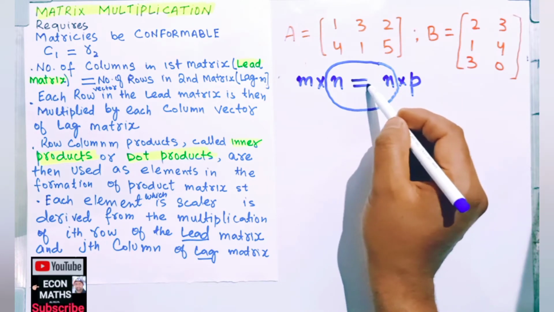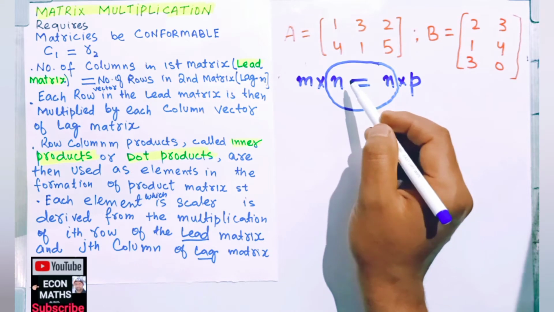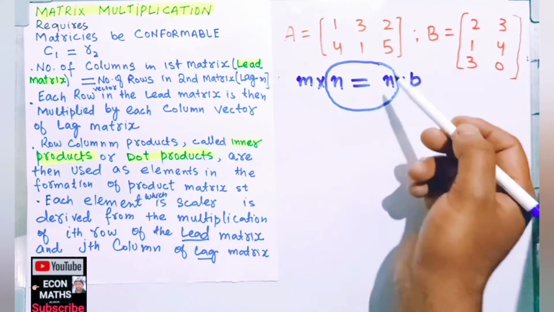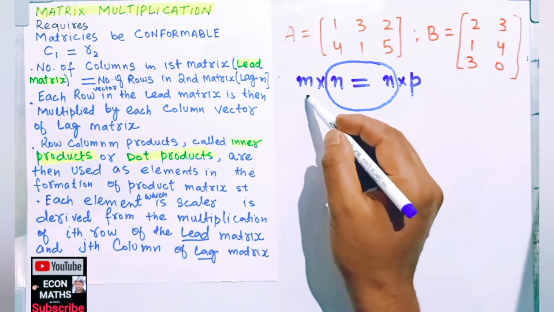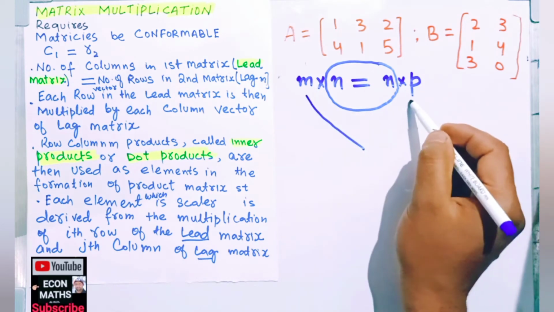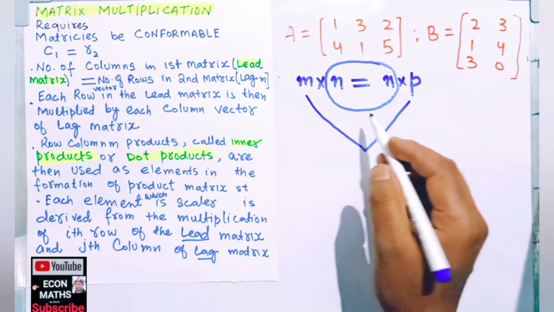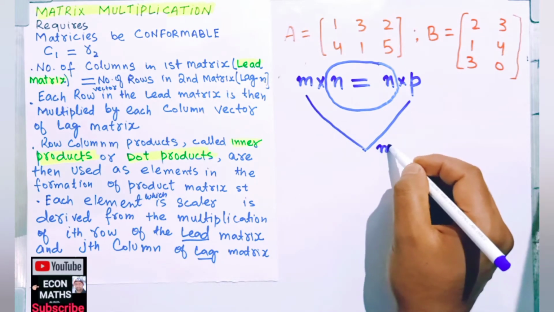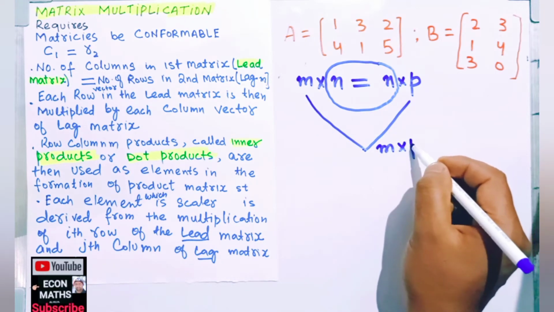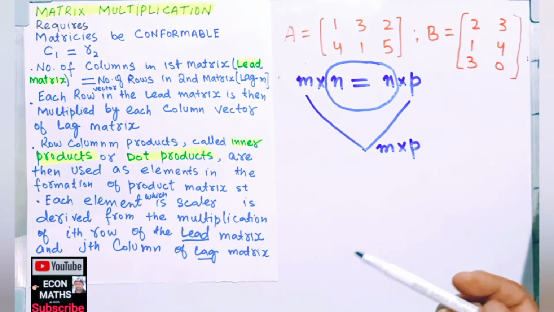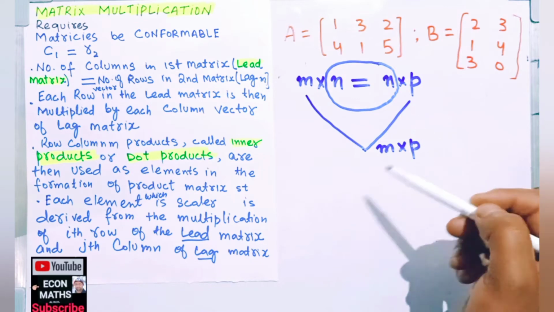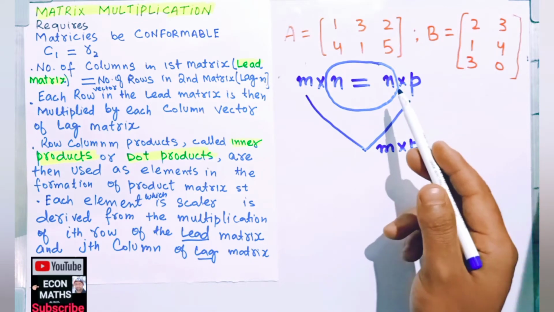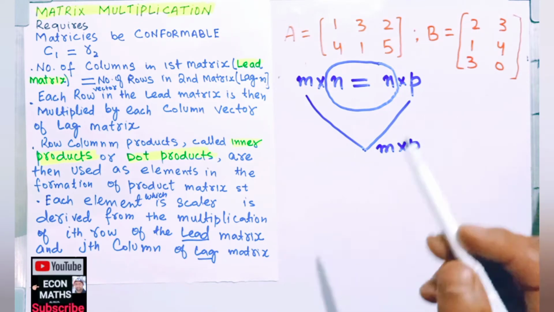Since these two are equal, the two matrices are conformable, and the resulting matrix is of dimension m cross p. In the earlier videos I explained the dimension of a matrix: it is the number of rows multiplied by the number of columns.